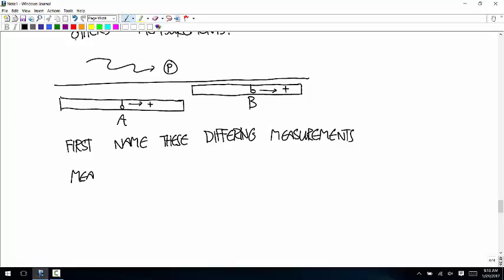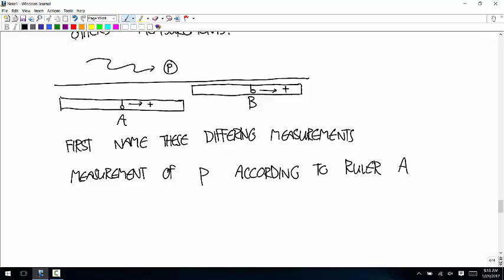So the measurement of P according to ruler A, we're going to call P with a subscript P over A. Okay. First P is for position.